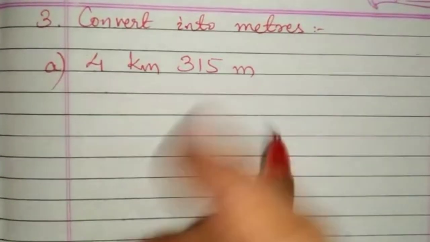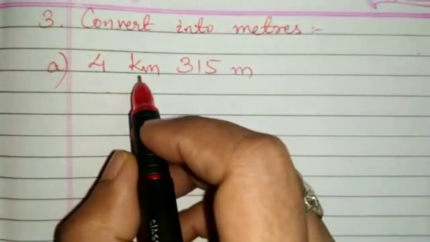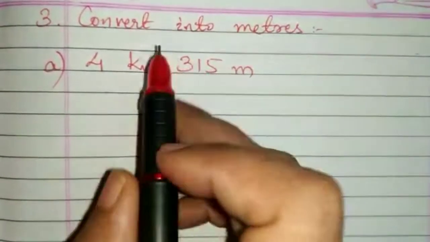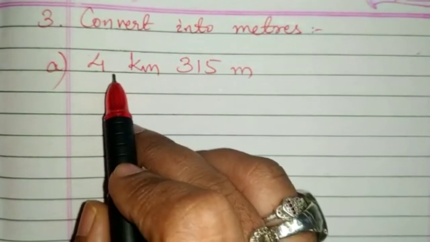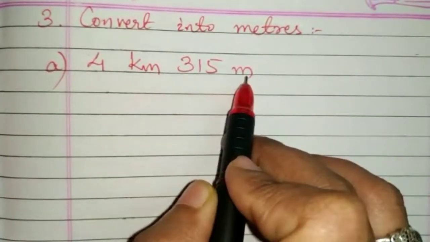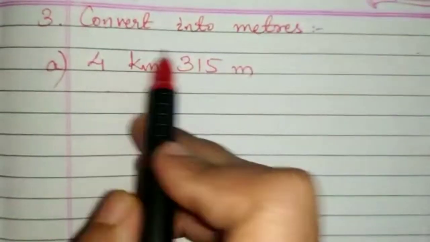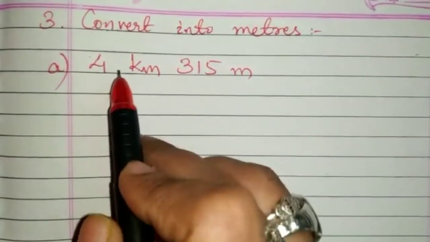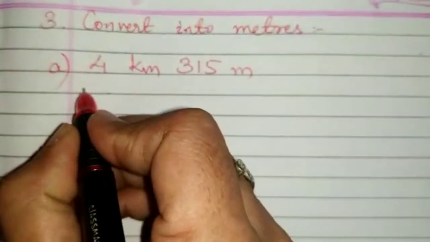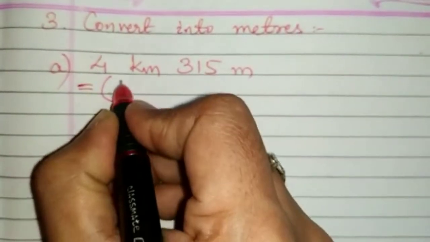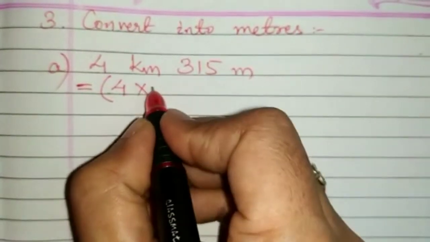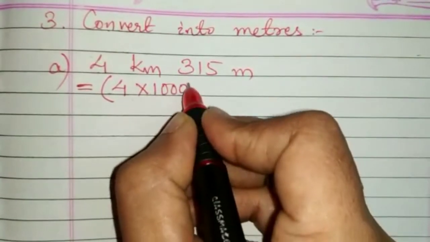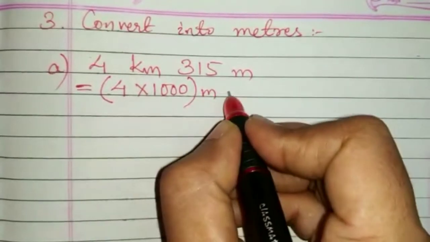Now the next number is convert into meters. You have learned how to convert into centimeters. Now convert to meters. Convert to meters means 4 kilometer 315 meter will be converted into meter. So this is already in meter and now you have to convert this kilometer into meter. So how to write? Put the bracket 4 into 4 kilometer is how many meters into 1000. Now this becomes meter.